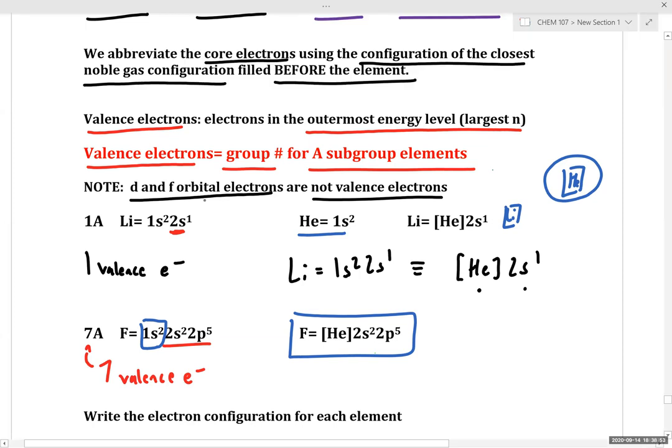Does this make sense to everyone? You find the closest noble gas before your element, and you abbreviate your inner shell or core electrons using that noble gas configuration. Will it always be a noble gas? Yes, abbreviated configurations always use the preceding noble gas.